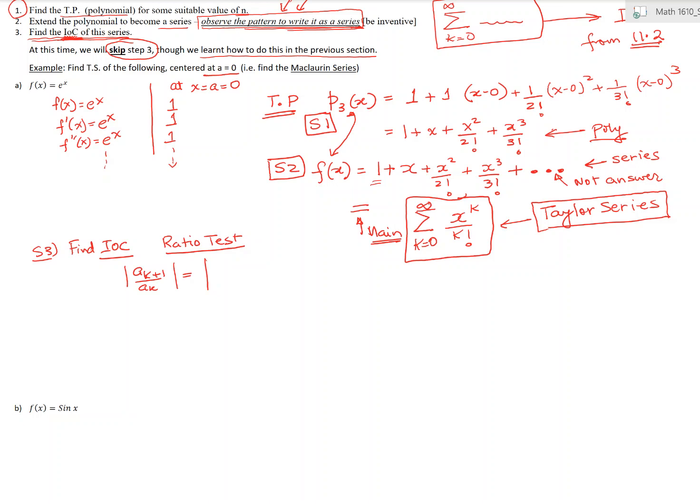So that's going to give me x to the power k plus 1 over (k plus 1) factorial, divided by a_k, which is going to give me this. Simple algebra gives you x over k plus 1. Now as usual you're going to break it up into two things.